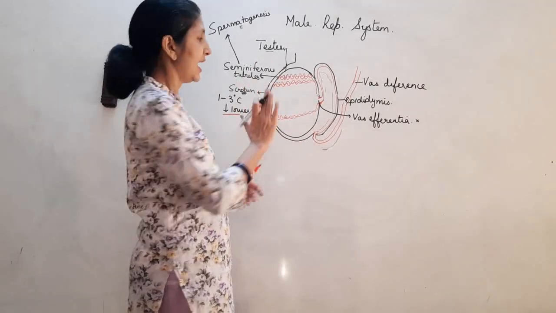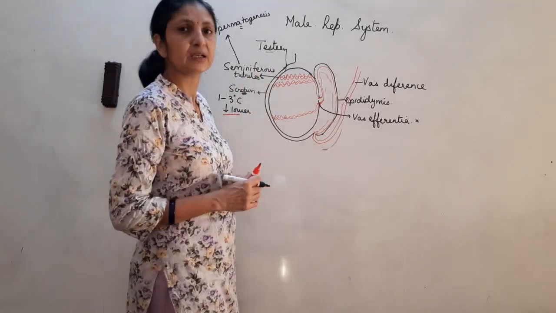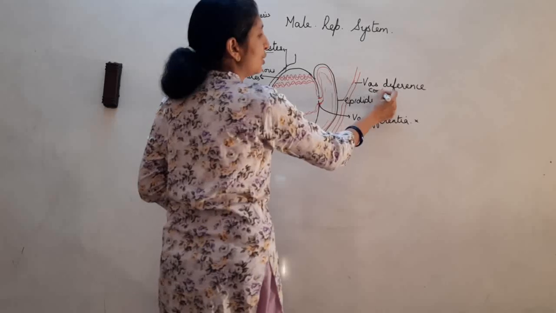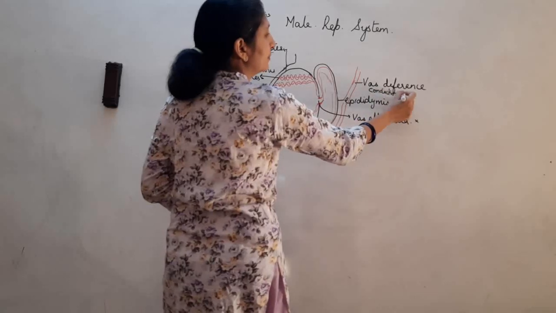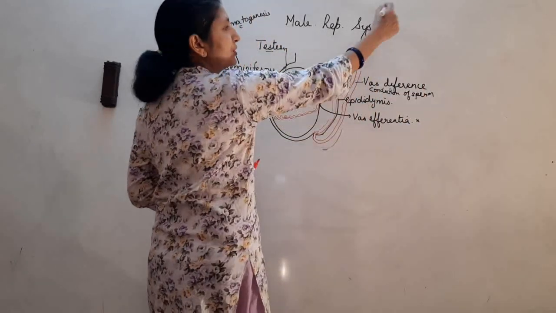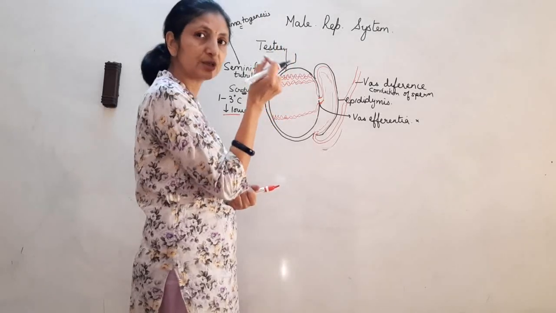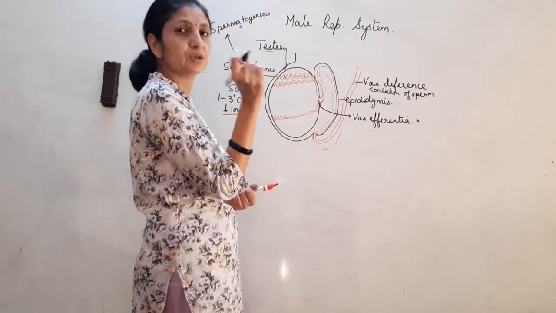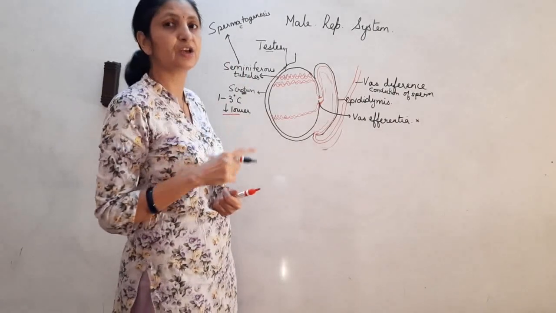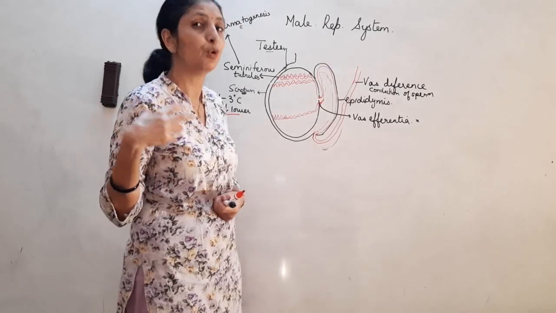So this is the primary reproductive organ. So this is about the testis. What is the role of the vas deferens? Conduction of sperm. Sperm is conducted through a tube which is called vas deferens, into which the ducts from the seminal vesicles and urinary bladder join, and then it leads to a common structure, the ejaculatory duct, which is responsible for removal of urine and sperm both.